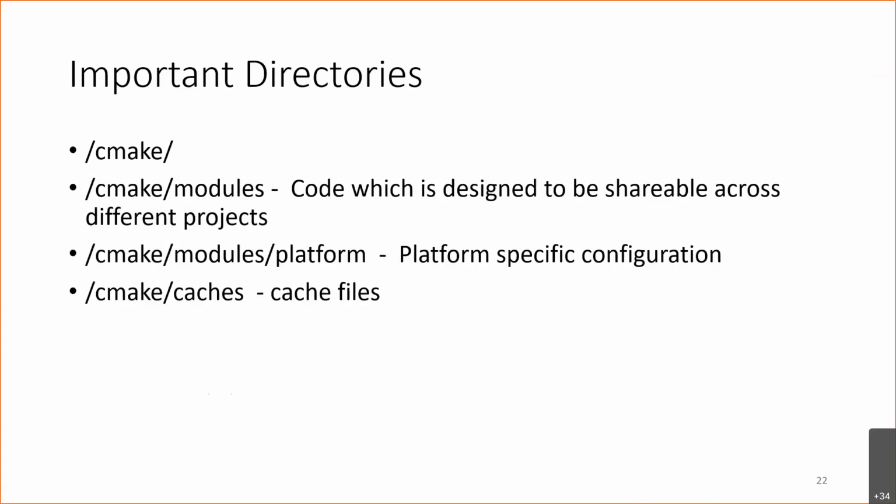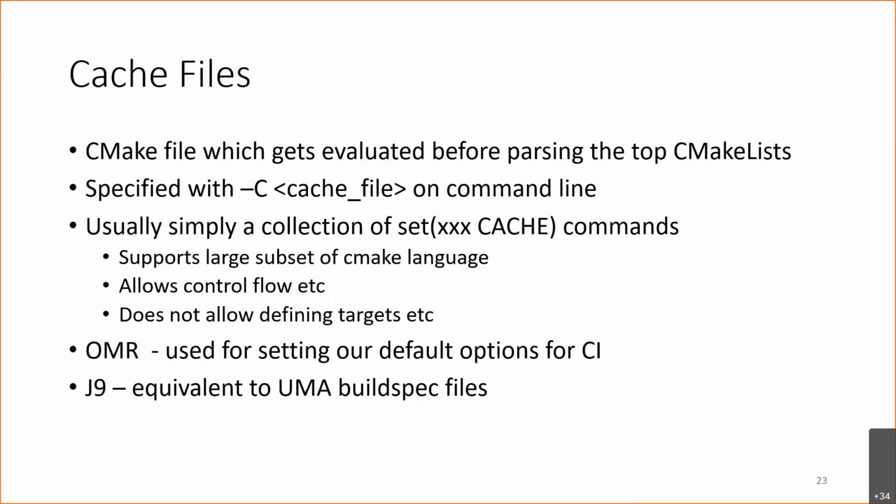Then you've got the modules subfolder, which has code designed to be shareable across different projects, versus some of the code which is tightly tied to OMR, which we put up in the cmake folder. Then under modules, there's the platform folder, where we've organized all the various platform-specific configuration options. And then also there's a caches folder, which holds our CMake caches.